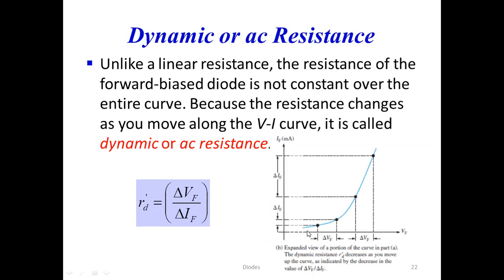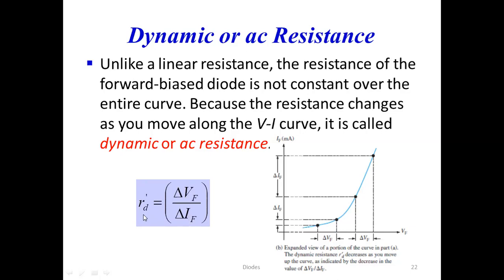Here I have shown the expanded curve. On the y-axis there is current, on the x-axis there is voltage. If I take delta VF over a particular duration and the corresponding delta IF, and take the ratio of voltage upon current, you will get resistance.